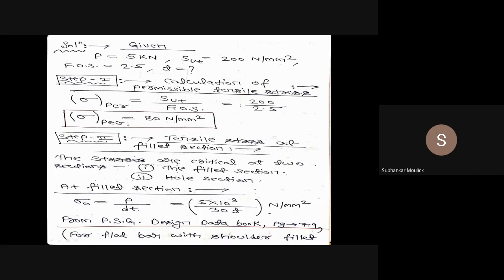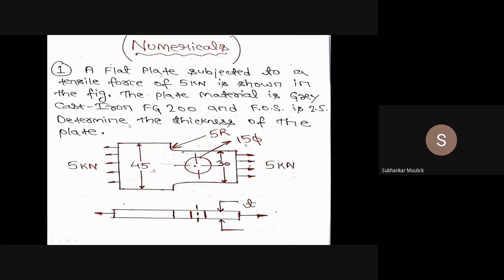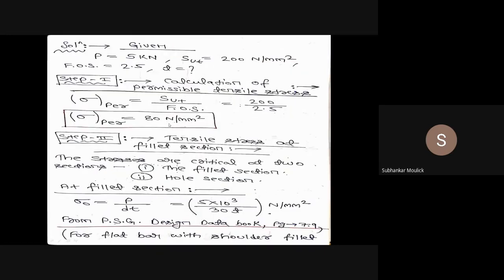By this value, I mean that the maximum stress the entire body can withstand is 80 Newton per millimeter square, the maximum permissible stress. Is it clear? That is step number 1. Any doubt in step number 1?